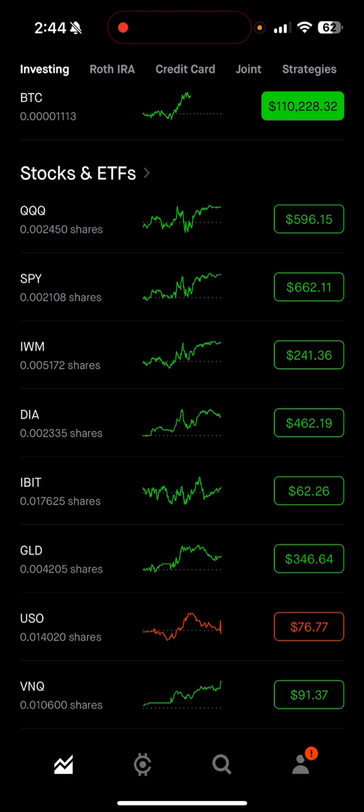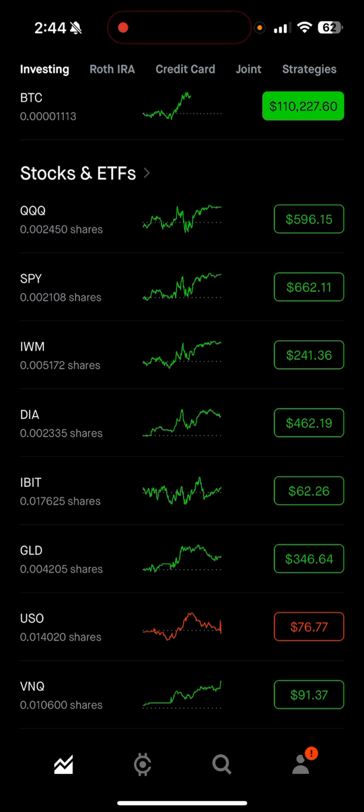QQQ is a huge NASDAQ equivalent that trades 100 of the best tech stocks in the world. It is highly liquid. It has names like Amazon, Meta, Tesla, Alphabet, etc. SPY is basically the S&P 500. It is the equivalent of the US stock market as a whole.